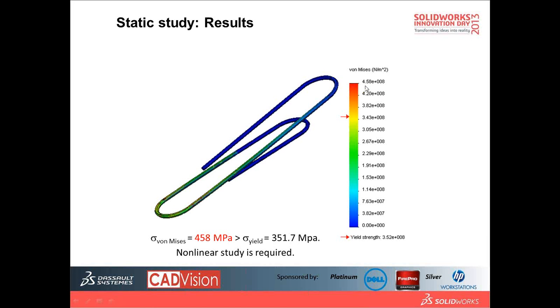The highest result under this loading is 455 megapascal, which is already far past the yield strength. At this point, we can say that the part yields in this circumstance, right? The information after the yield will not be accurate unless we perform a nonlinear analysis.